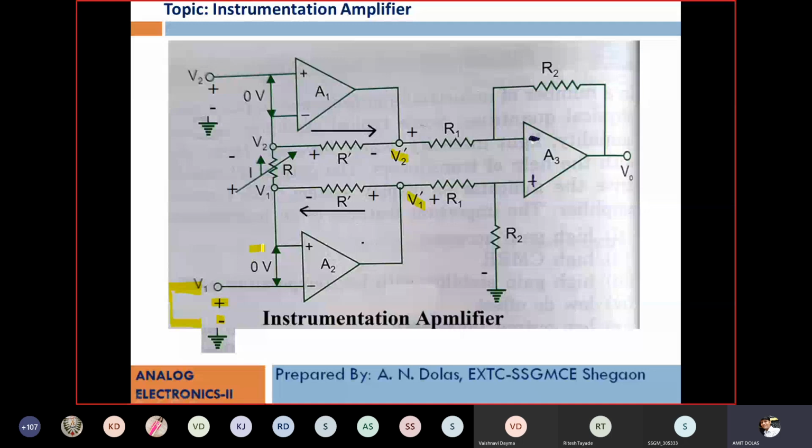Then I have considered this VD which is equal to 0. Then I have considered voltage drop across this R and voltage V1 dash which will be drop across these two resistances. So I have shown direct polarity plus and minus.